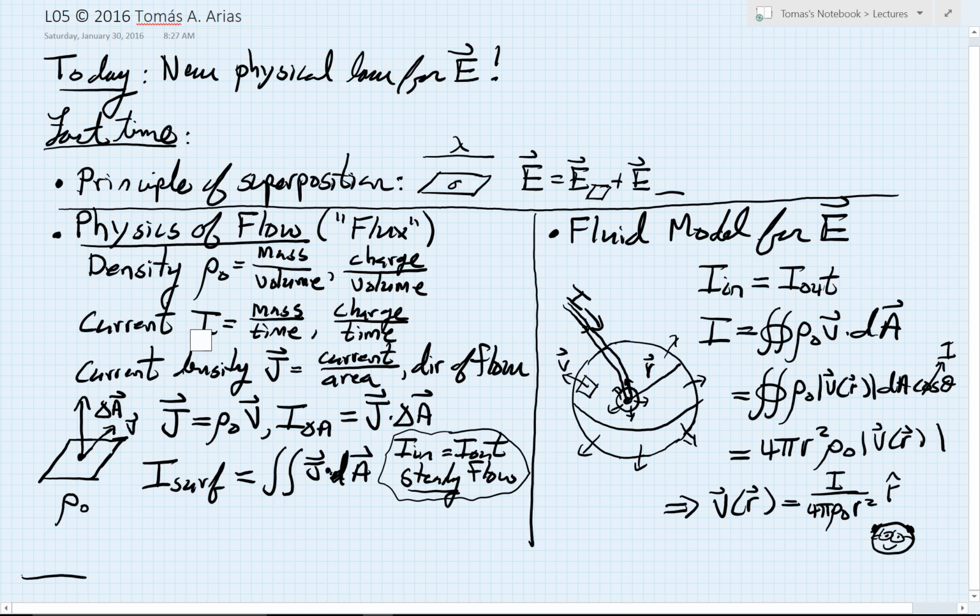The current is the amount of our quantity passing through a given surface in a given amount of time. And that's measured either as mass per time in the fluid case or charge per time, as you've already seen a little bit of in some of the practice exercises when we are talking about current in a circuit.